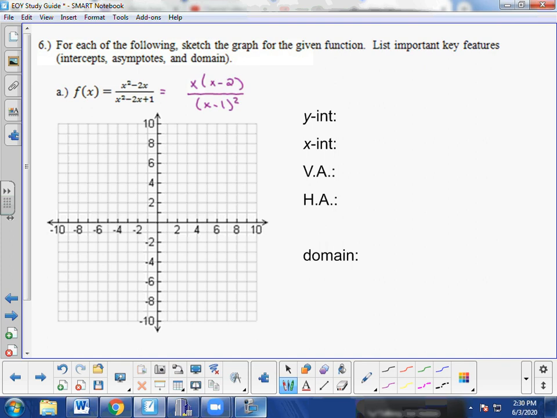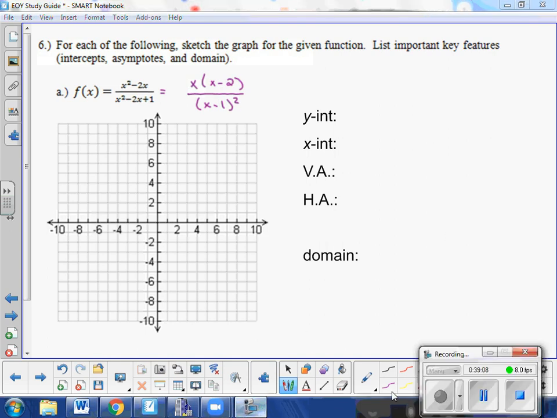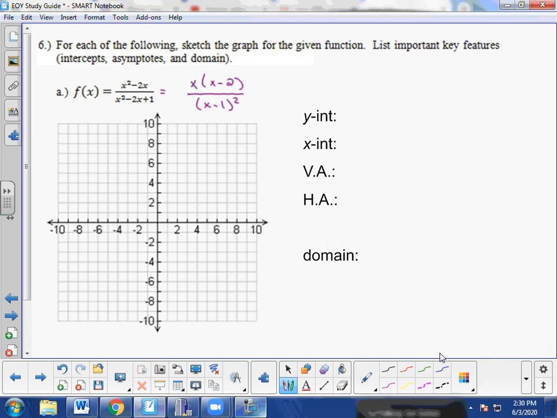So to come up with all of these different components, we have different rules. Remember the y-intercept? To come up with the y-intercept, you substitute in 0 for all the x's. We can make it a little bit simpler for a fraction and substitute in 0 for the x's in the numerator. Because if you put in zeros for the denominator, it's just going to be a value, a constant.